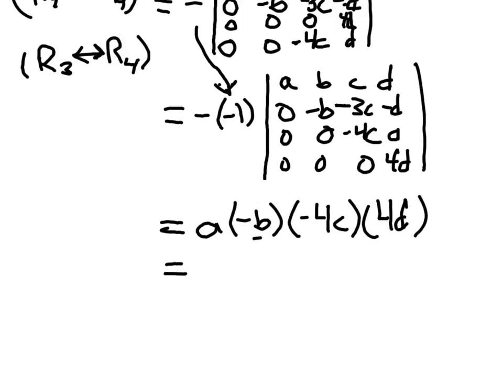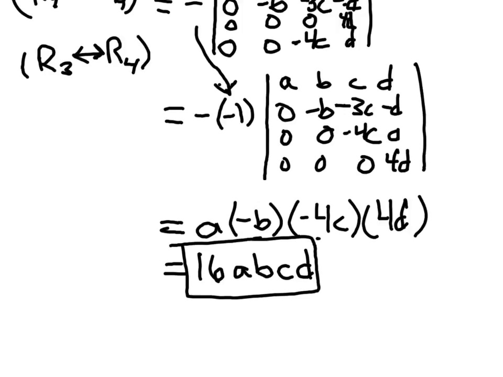And so I've got the two negatives, that'll make a positive 4 times 4, 16, times a times b times c times d. And this is the best we can do without knowing the values of a, b, c, and d, that the determinant of that matrix is equal to 16abcd.